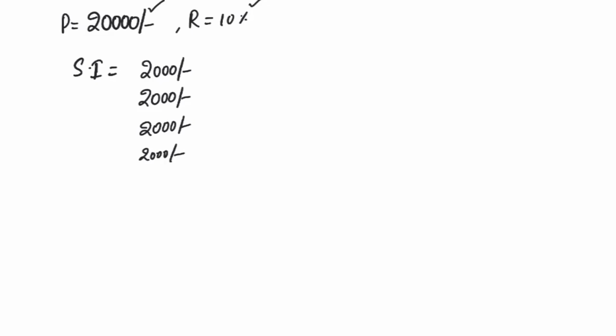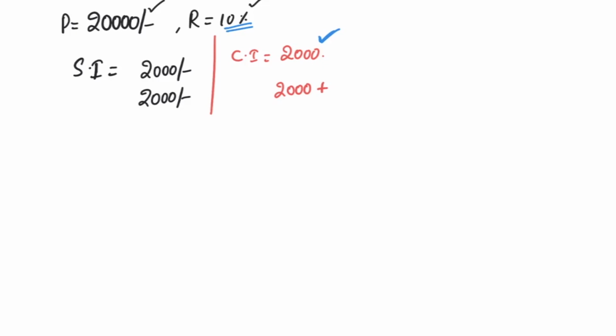But that doesn't happen in the concept of compound interest. For example, we borrowed 20,000 rupees, rate of interest is 10%. Coming to compound interest, for the first year, we pay 2,000 rupees interest. In the second year, we pay 2,000 rupees interest plus on the first year's 2,000, again we calculate 10%.